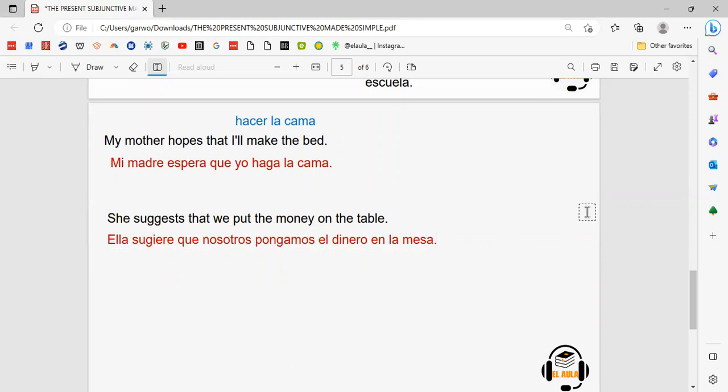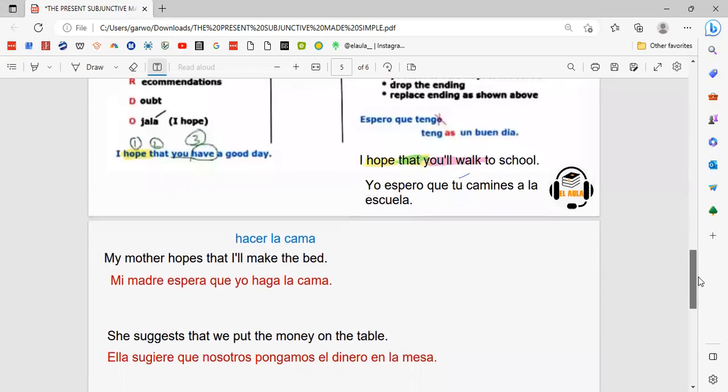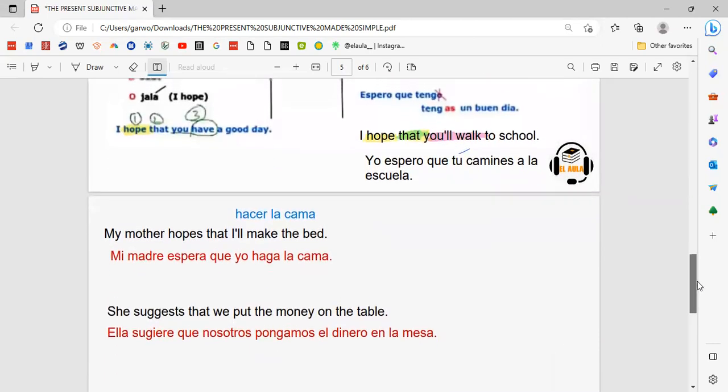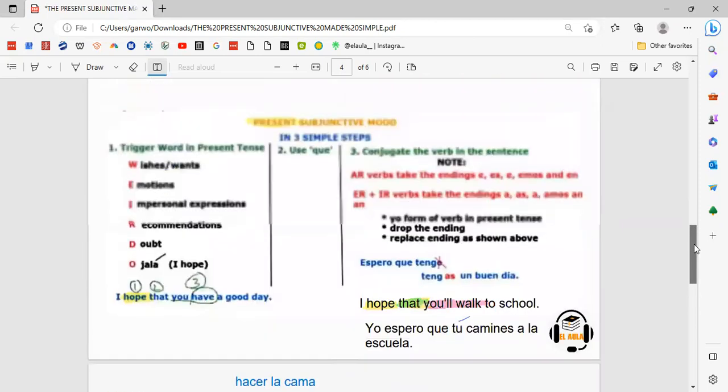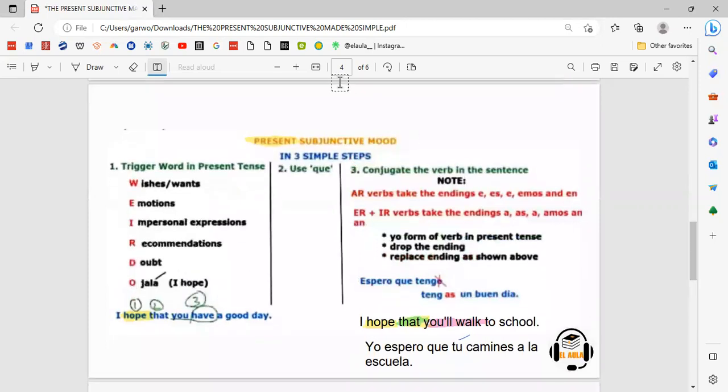All right. So we have about 4 examples in total now. We have, I hope that you have a good day. I hope that you walk to school. My mother hopes that I'll make the bed. She suggests that we put the money on the table. And of course, we've been using mainly hoping, suggesting, but again, the trigger words are basically that first part of the subjunctive statement, right?